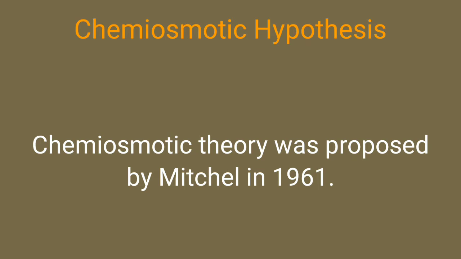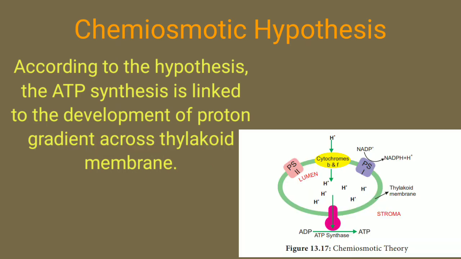Now what happens in this chemiosmotic hypothesis? According to this hypothesis, the ATP synthesis is linked to development of a proton gradient across the thylakoid membrane. As you know, ATP synthesis takes place in the membrane of the thylakoid present inside the chloroplast, and you also know that during this whole process water gets split.